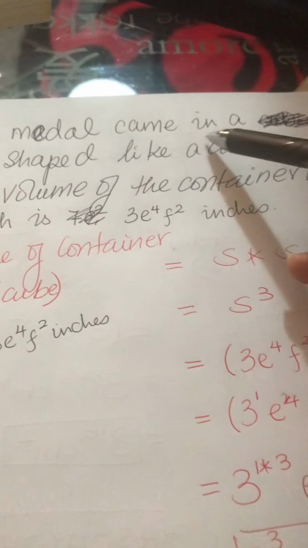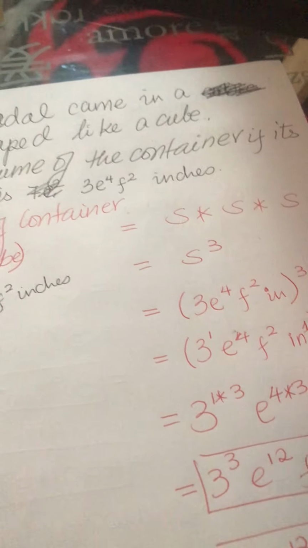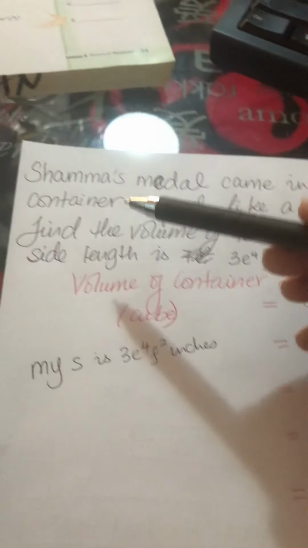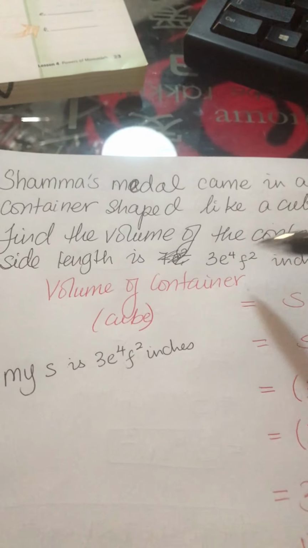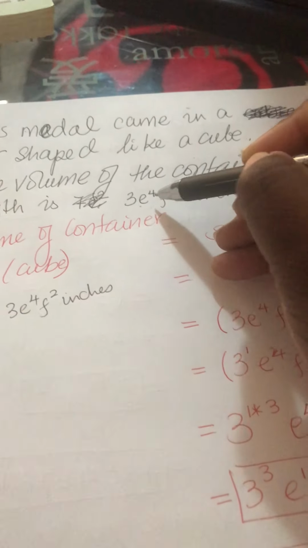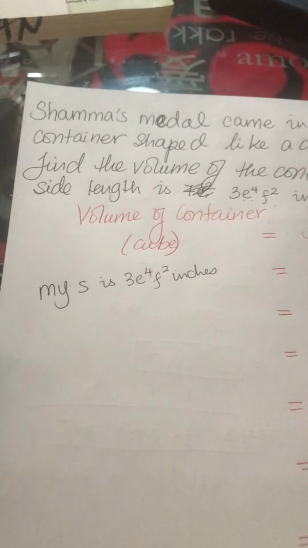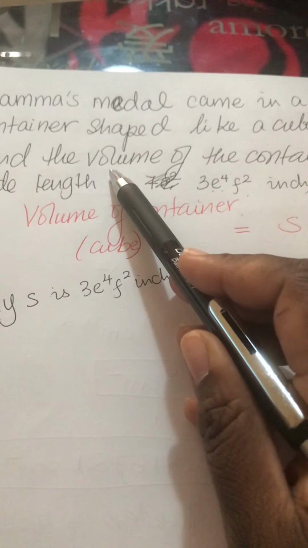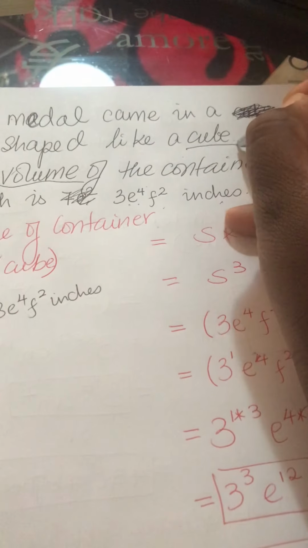Shama's medal came in a container shaped like a cube. Find the volume of the container if its side length is 3e to the 4th power f to the 2nd power inches. It said find the volume of what container? Of a cube.